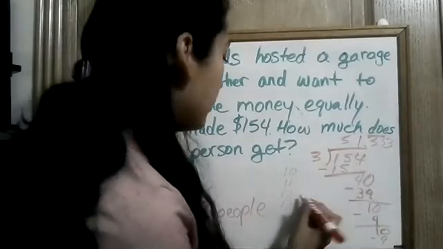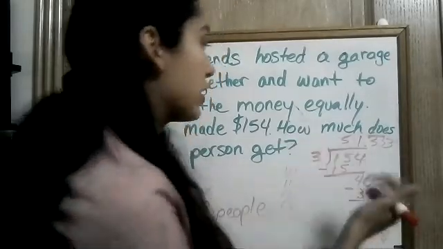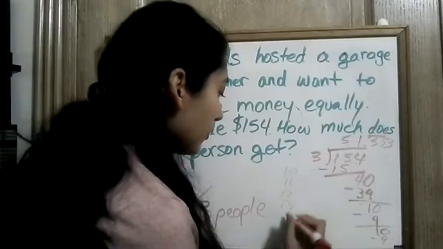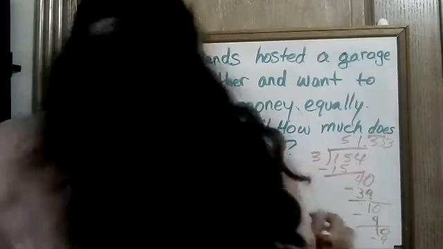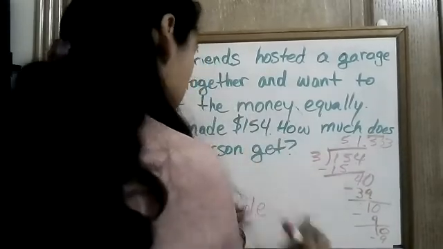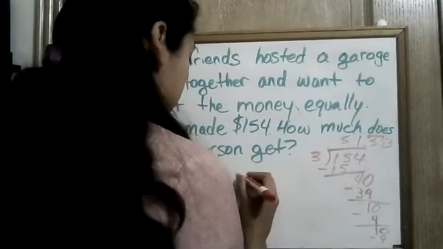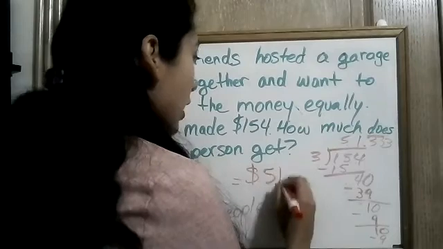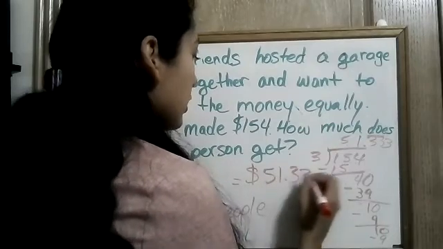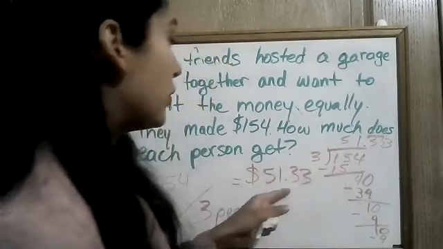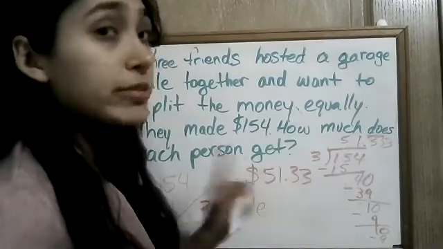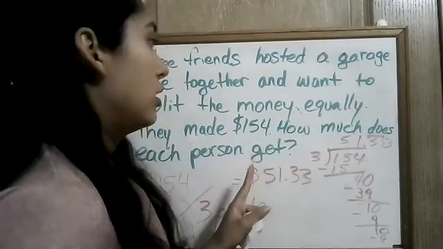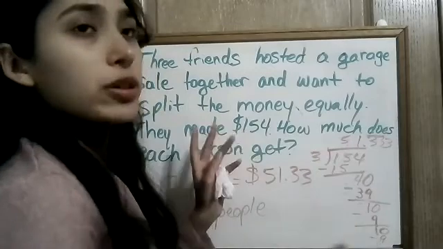So logically, if you go ahead and divide this in a calculator, you would get around $51.33. When you multiply this by 3, you're going to be short 1 cent. You can just go ahead and give the extra person 1 extra cent.